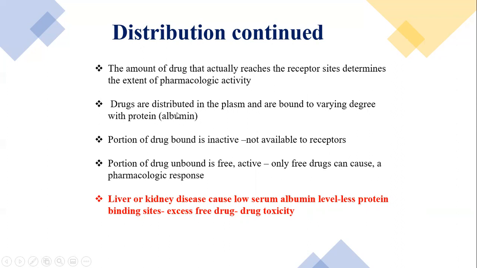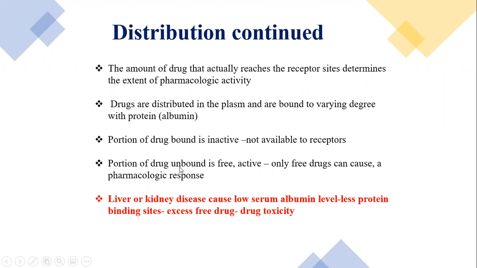So when we eat or take the drug, it goes to the stomach or liver through the hepatic system, then circulation. In the circulation, they bind with albumin. Protein-bound drug is in inactive form, not available to the receptors.